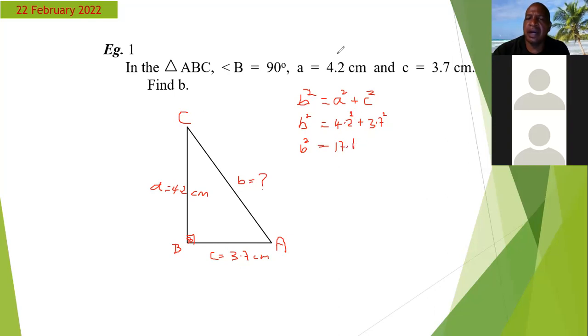So remember, guys, you have to work out these square terms. All right, so it's 17.64 plus 3.7 squared.